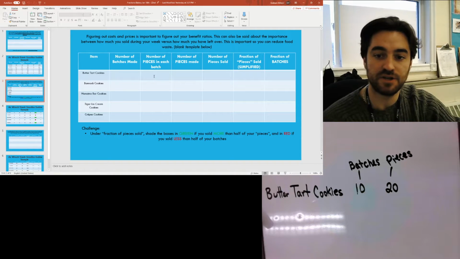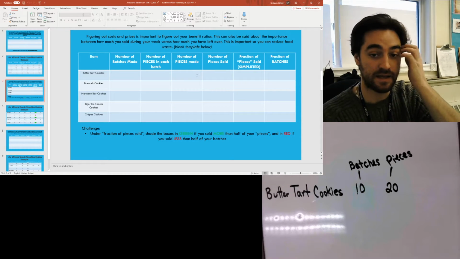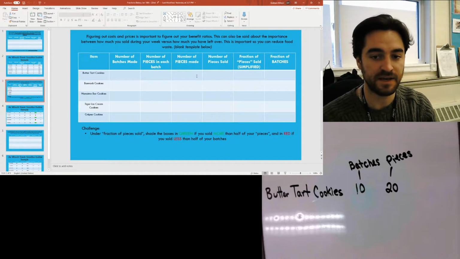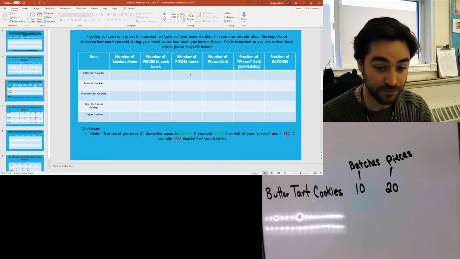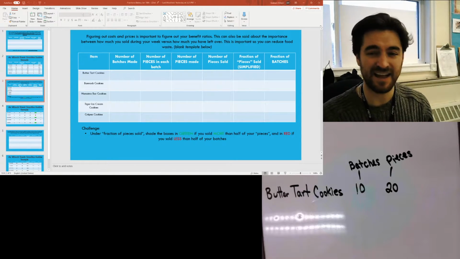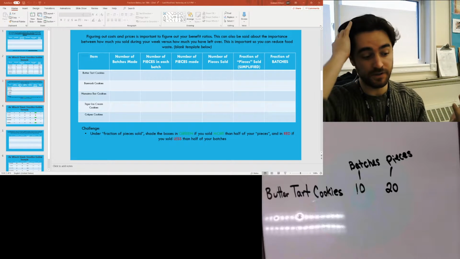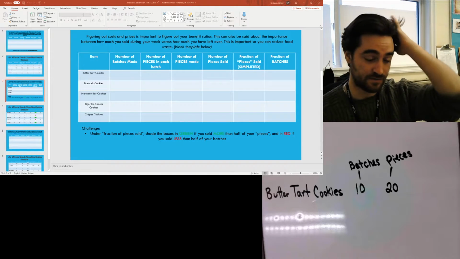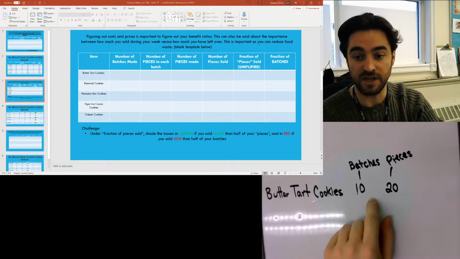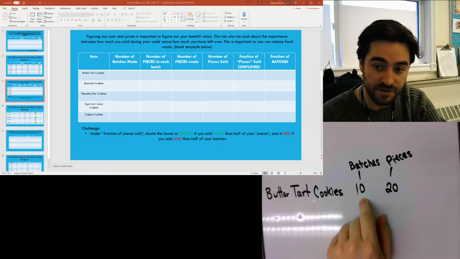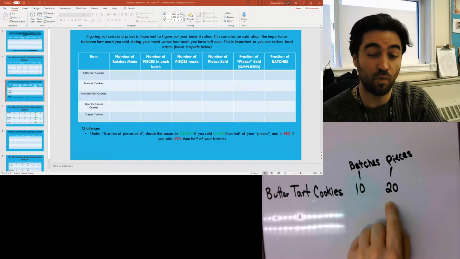Okay. Prochaine chose est de trouver combien de pièces tu vas avoir en tout. So it's asking you to figure out how many pieces you would have in total if you were to make the amount of batches that you said you were going to make. So, looking at mine, I have 10 batches, and in each batch, I have 20 pieces.